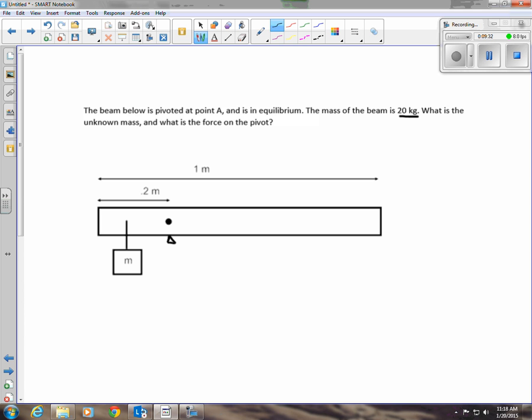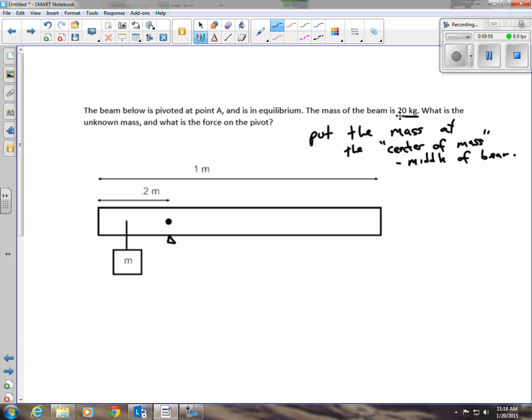And for something like this, you put the mass at the center of mass. In this case, it's going to be in the middle of the beam.